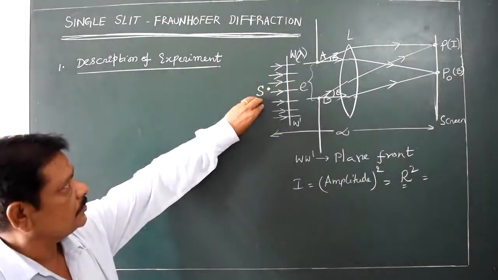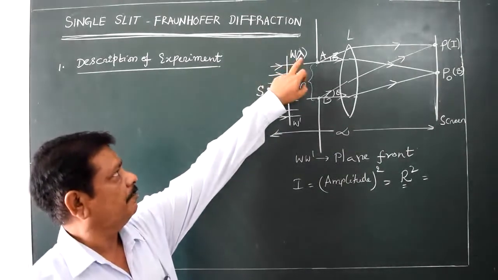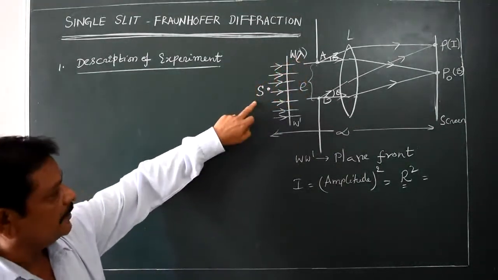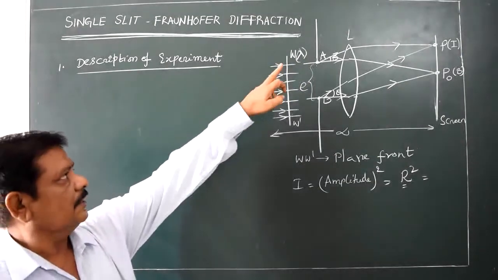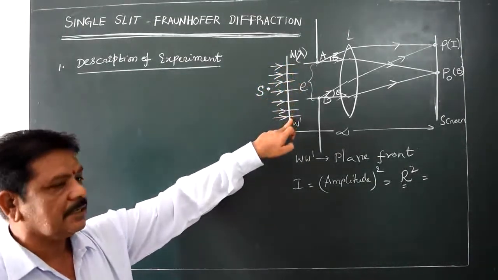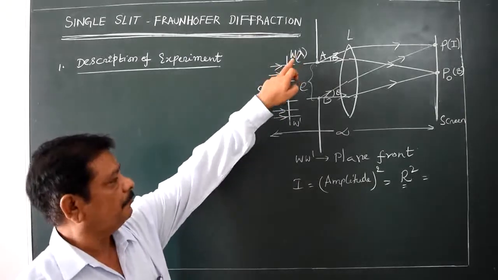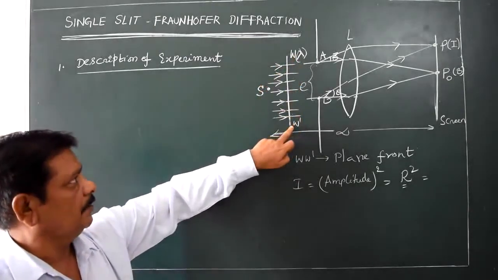Consider a light source producing light of wavelength lambda at infinite distance, so that the light from the infinite distance source is a plane wavefront. The plane wavefront is represented with W dash.